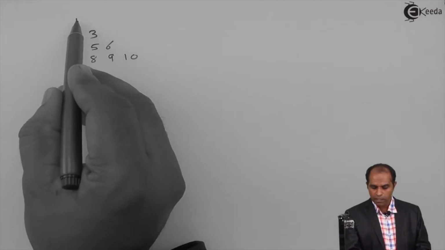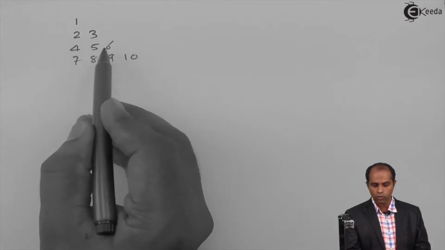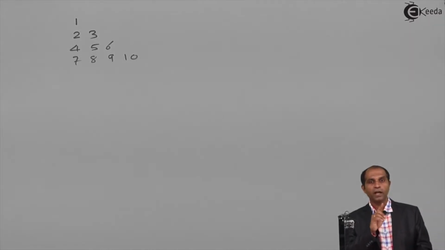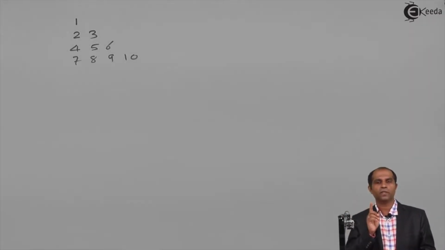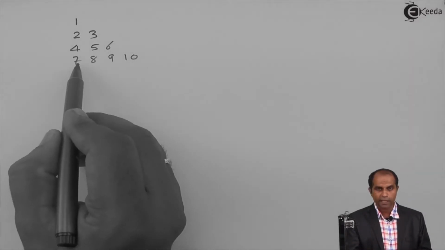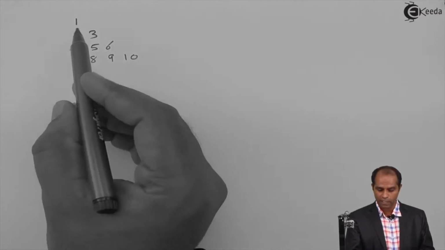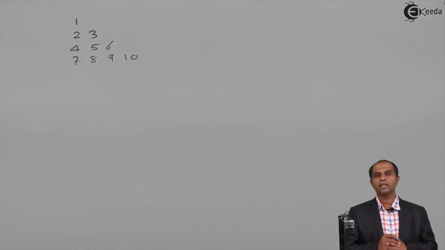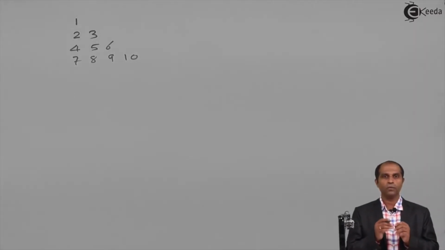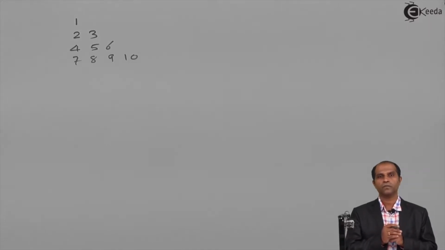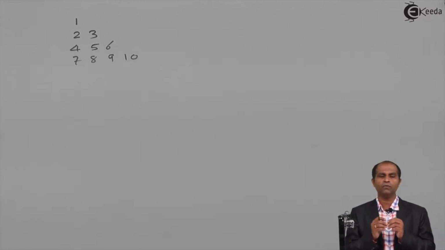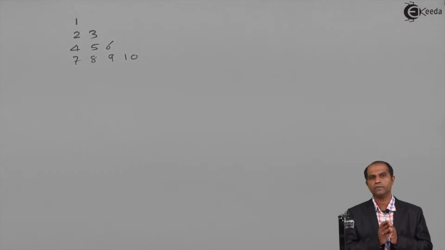Suppose I have 1, 1 2, 1 2 3, 1 2 3 4: since every row was starting with 1 and increased till the row value, we used to print the value of C. If the starting character of the row coincides with the row value, for example, if I am at the 4th row and all the characters are 4, in that case we can use the value of R. But here, when I look at this particular pattern, I will not be able to coincide any of those logics with either R or C.